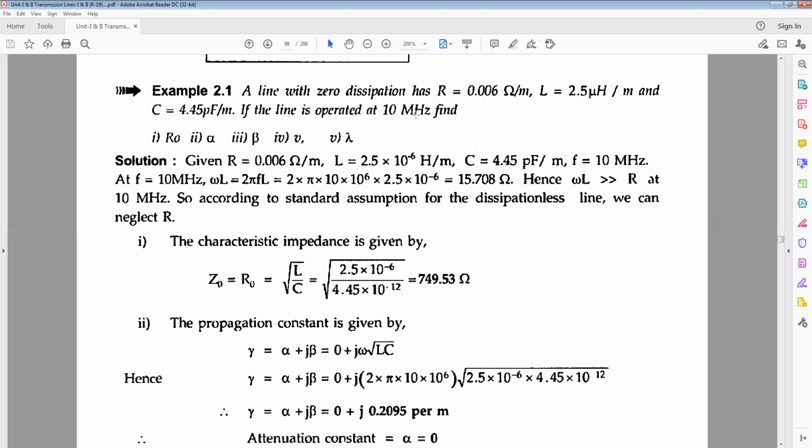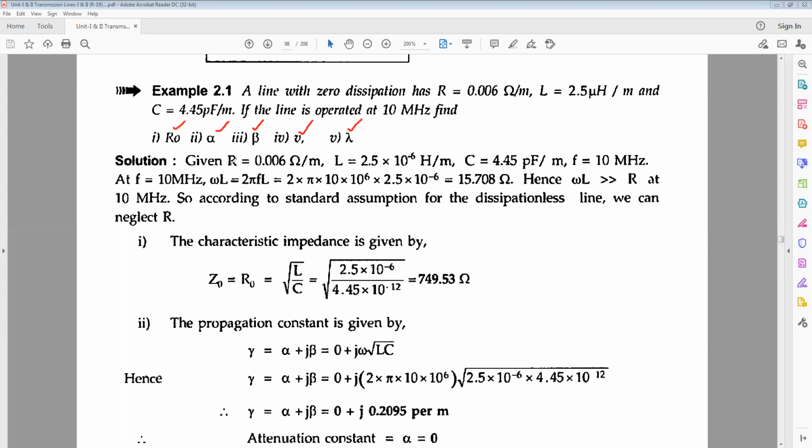If the line is operated at a frequency of 10 megahertz, find R naught, nothing but Z naught, the characteristic impedance, and attenuation constant alpha, phase constant beta, wave propagation velocity V, and the wavelength lambda. Got it, my dear students?